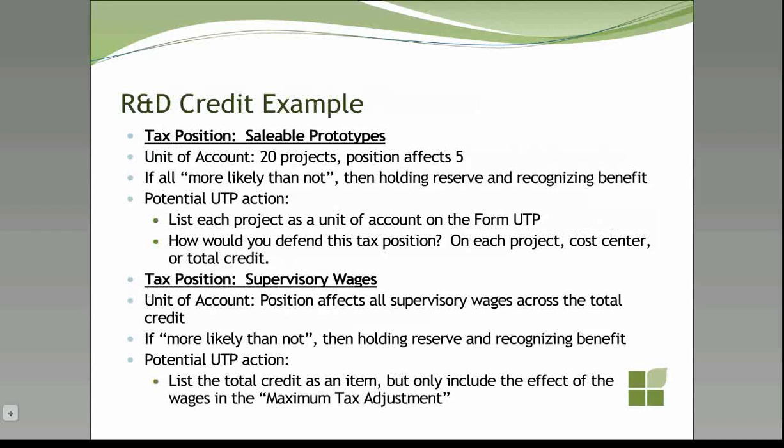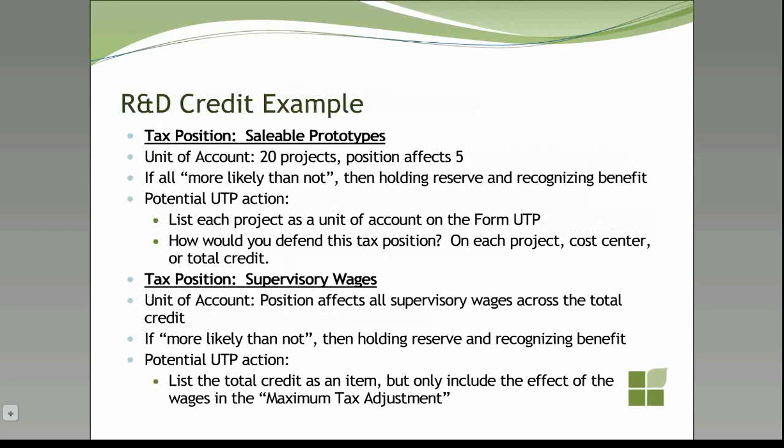Let's go after those, and we know how much they're worth to a maximum extent. So really it comes back to this: when you start claiming the credit, and you have pieces that you're going to have to FIN 48, you have to really think, how are we going to defend this tax position?